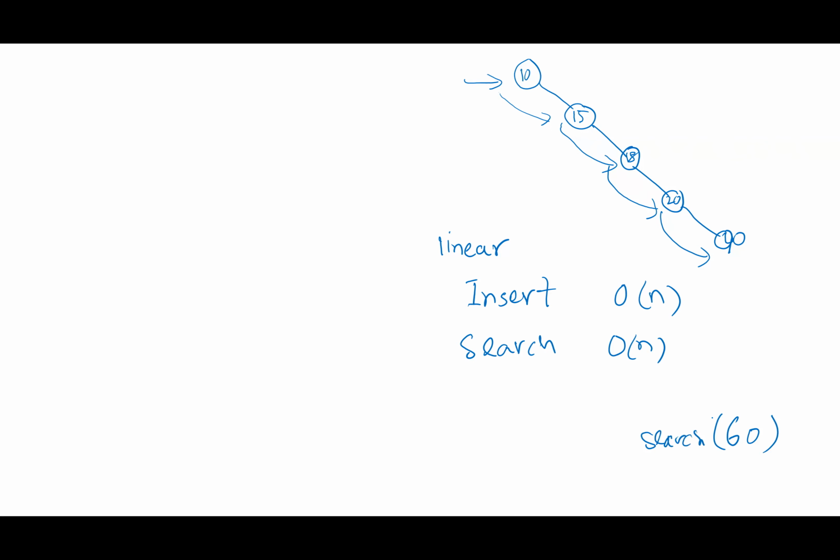Although this is a binary search tree, it is so imbalanced. For 60, I go here, and it says search to my right. Each node down the chain says the same. Finally I know that 60 is not there, but by then I have already checked all order of n. So in the worst case, the search is also order of n. Delete is also order of n. This is when your binary search tree is not balanced.